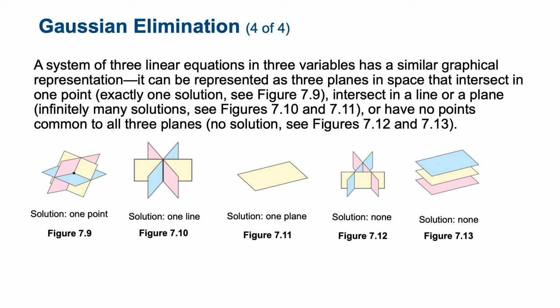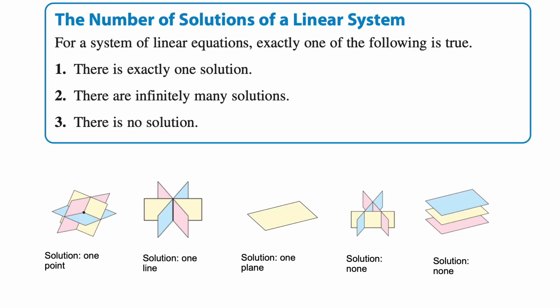In 7.12, they intersect with each other, but not all 3 at once, just 2 at a time. So this is no solution. This is another case of no solution, where you have 3 parallel planes. So you either have exactly one solution, infinitely many, or no solution.